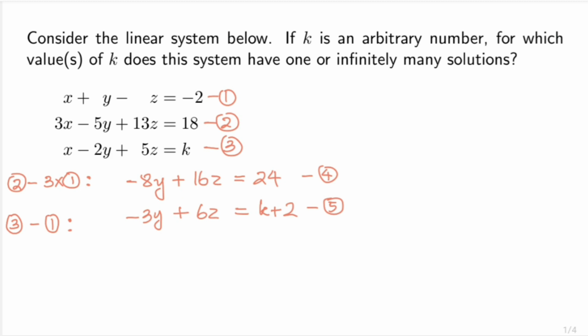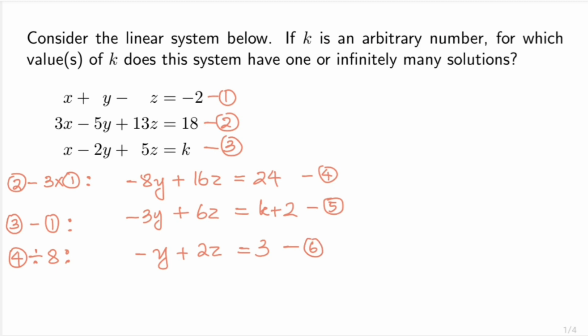So let's do that. Let's have equation 4 divided by 8. What does that give us? That gives us y minus y plus 2z equals 3. So that gives us equation 6.